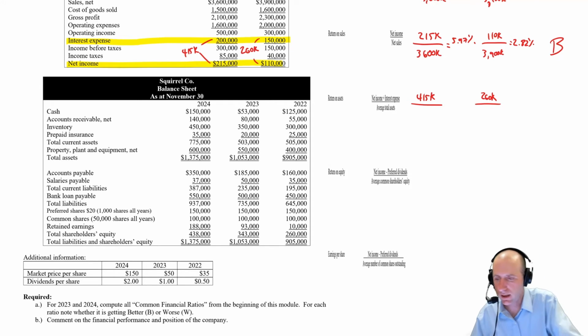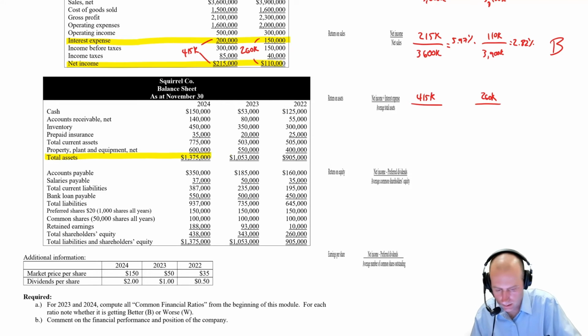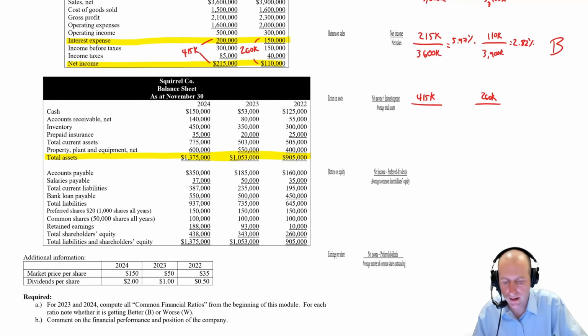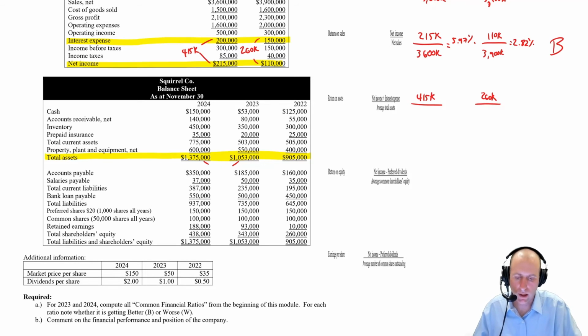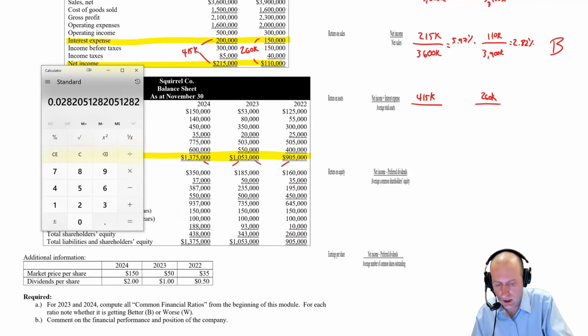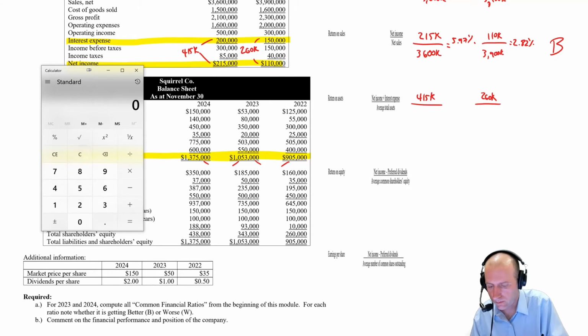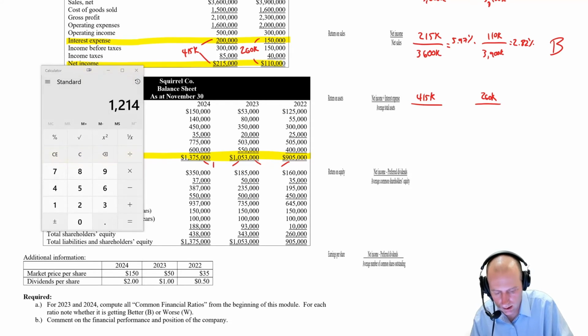Average total assets. Okay, so I've got my total assets here, and I want to take an average of them. I'm going to average these two for my 2024 average, and for my 2023 average, it's the average of the two on the right. So let's average the two on the left. To average two numbers, add them together, divide by 2. 1375 plus 1053, divided by 2, the average is 1214.